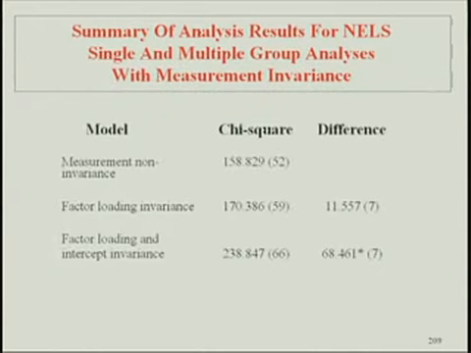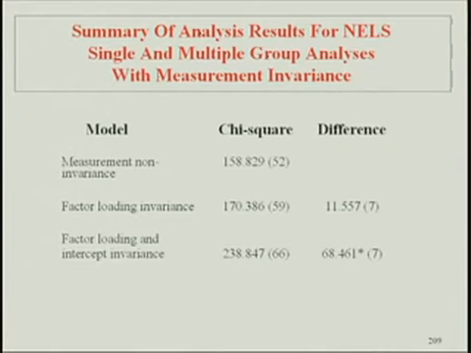Now here's a summary of the results of those analyses. First, we have the measurement non-invariance model. So the factor loadings are free across groups. Now we hold the factor loadings equal across groups, and chi-square goes up to 170.386 with 59 degrees of freedom.